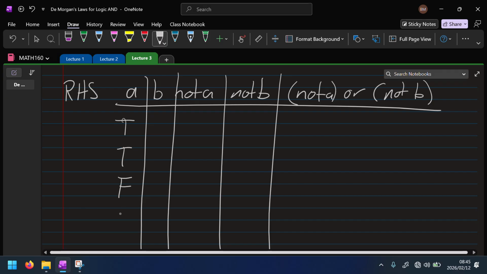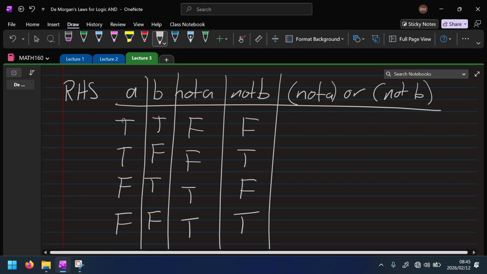True, true, false, false, true, false, true, false. So not A, that's going to be the opposite of that first column. So that will be false, false, true, true. And then not B, that will be the opposite of that second column. So that will be false, true, false, true.